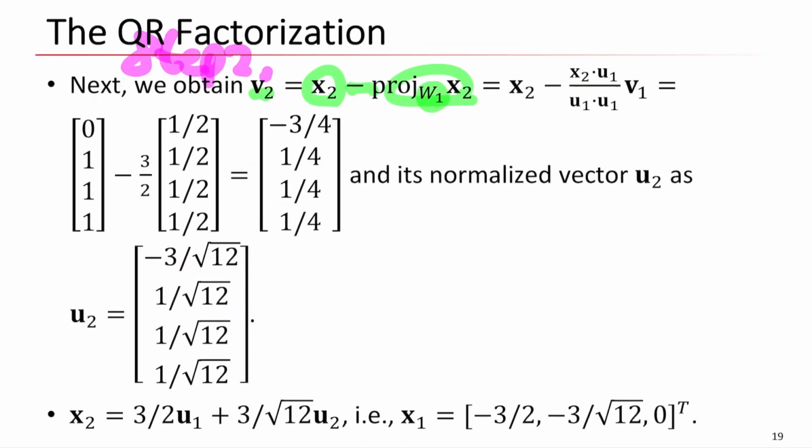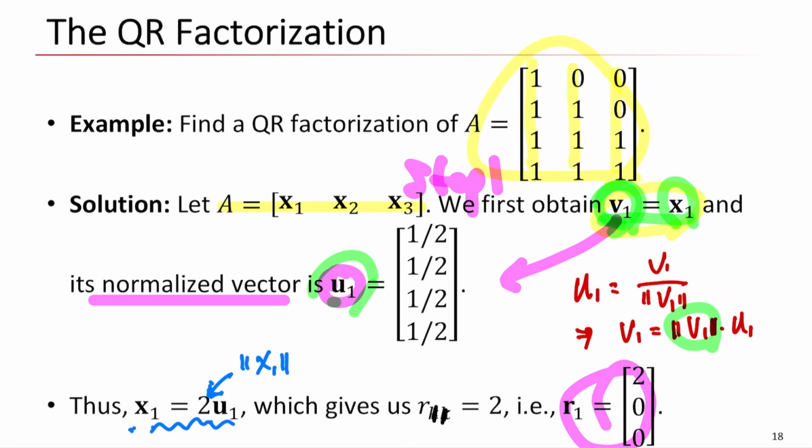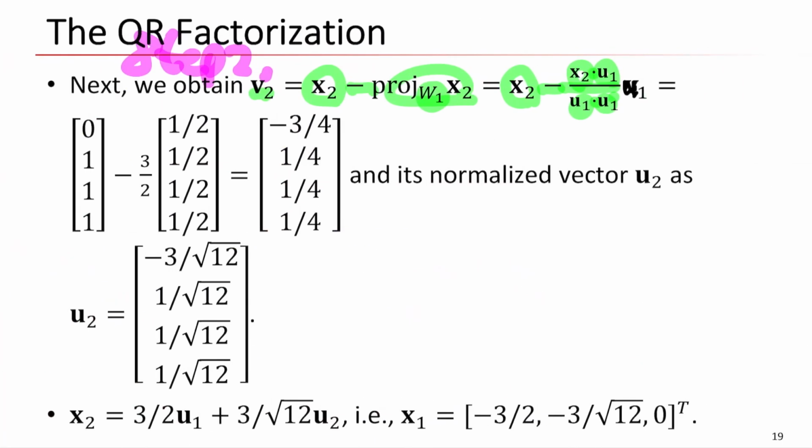So x2 minus x2 inner product u1 over u1 inner product u1, times u1. Since u1 and x2 are here, we can easily compute x2 minus 3 over 2 times u1, so it'll be negative 3 over 4, 1 over 4, 1 over 4, 1 over 4, right?